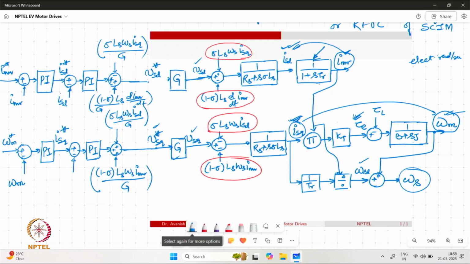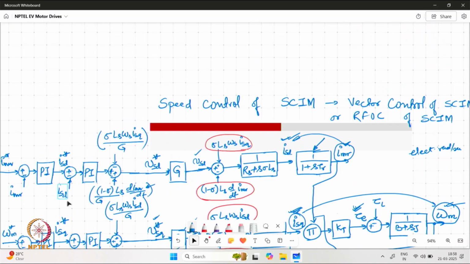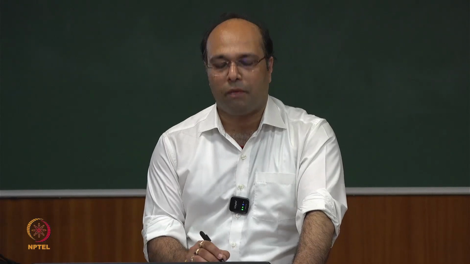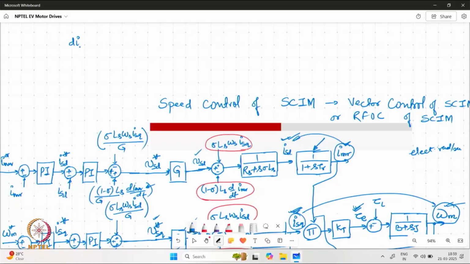Now while taking the feed forward, we need to note that there is a term which involves the derivative of IMR. Usually, if we want to have the derivative of any quantity, it is always noisy because taking a derivative basically results in noise when we are going for a numerical derivative of the quantity.